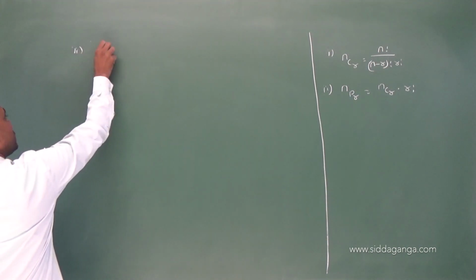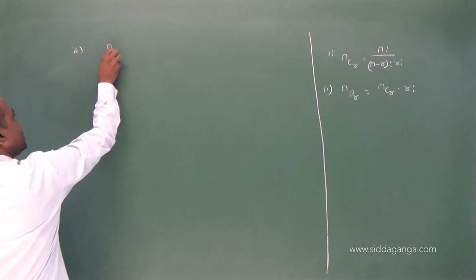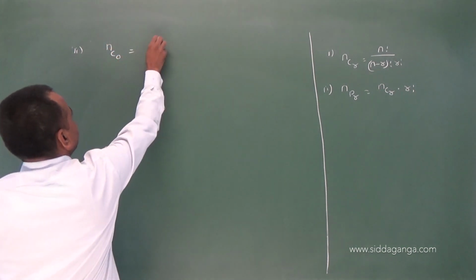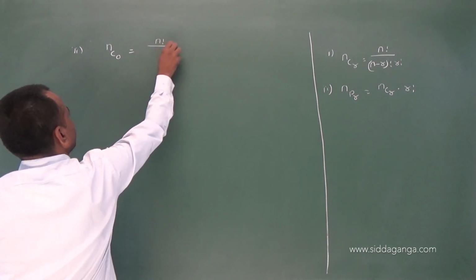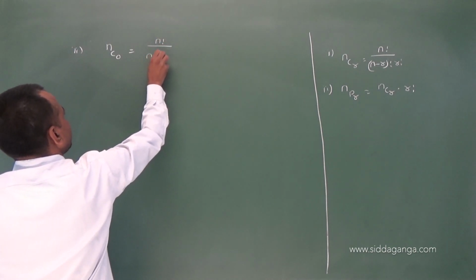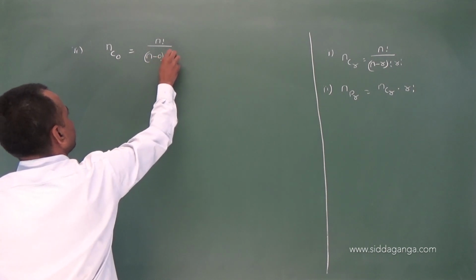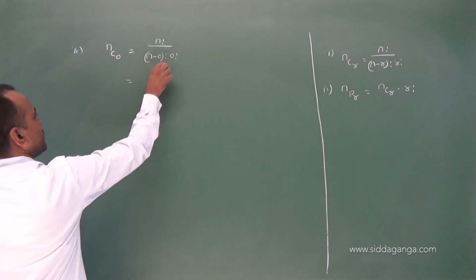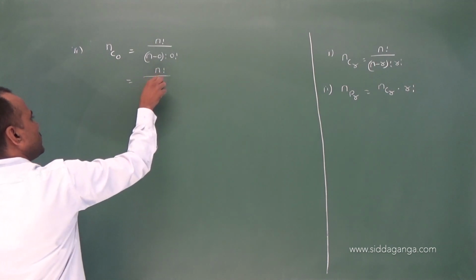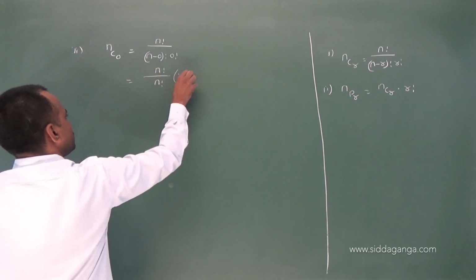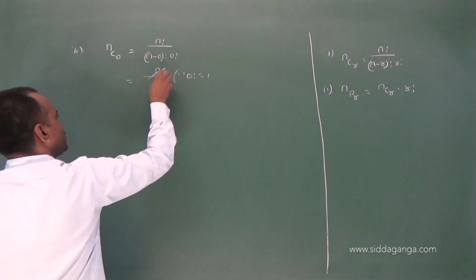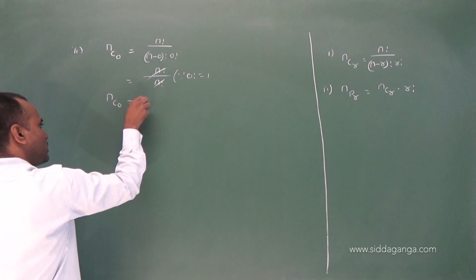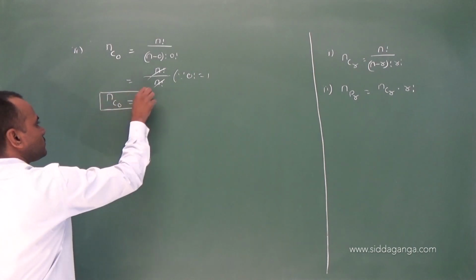nC0, if r is 0, we substitute: n factorial divided by (n minus 0) factorial into 0 factorial. Observe here: n factorial into n factorial. 0 factorial is 1. The n factorial gets cancelled. nC0 is always 1.